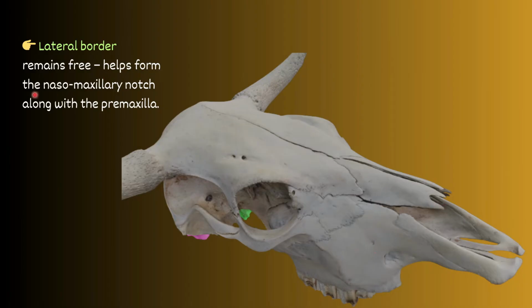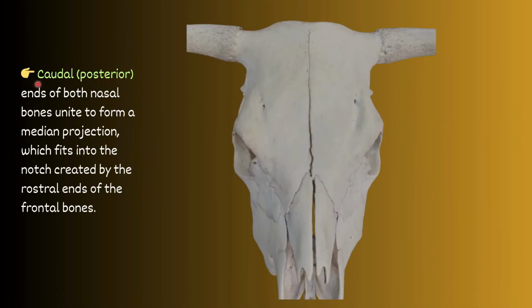Helps form the nasomaxillary notch along with the premaxilla. So this is the premaxilla, this is the nasal, this is the lateral border. You can see a notch here, this notch is called nasomaxillary notch.